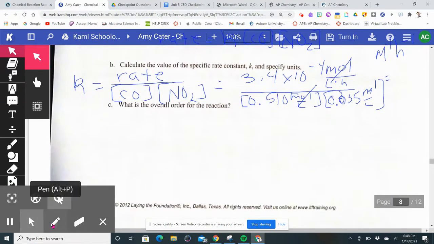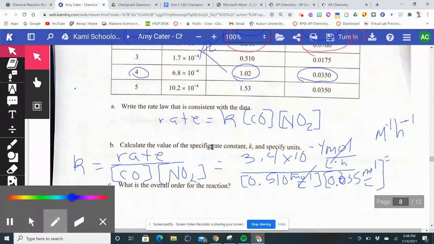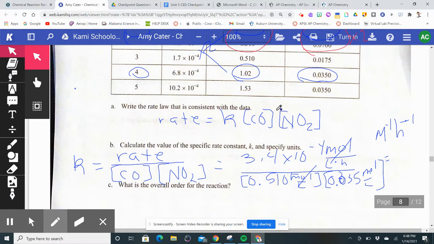All right. So on C, what is the overall order for the reaction? All right. To get the overall order, all you're going to do is add up the exponents for the concentrations in the rate law. So if we go back to the rate law, we can see that our concentrations here basically have an exponent of 1. If there's nothing written there, that means it's a 1.